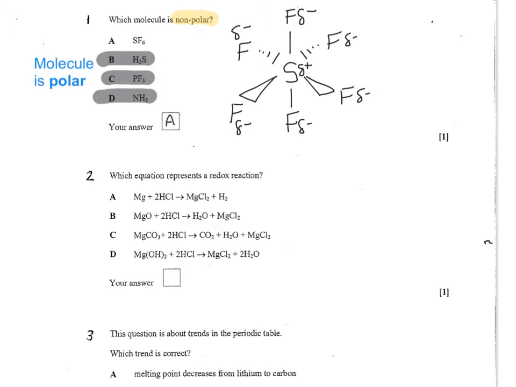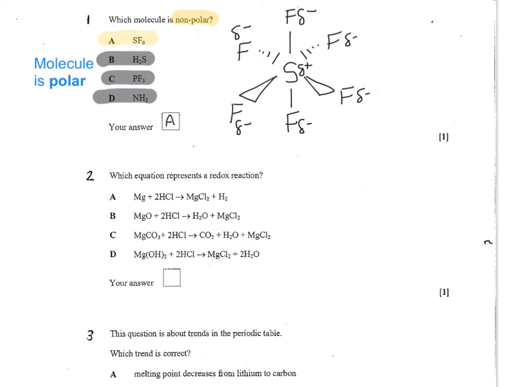So what I'd like you to do is to actually pause the video and have a think about why this is actually the correct answer. So think about the things we've been through over the last few minutes. Think about why we decided that the other molecules were polar. Why is this molecule non-polar? Because obviously the question tells you, we now know that it is, but why is it non-polar?